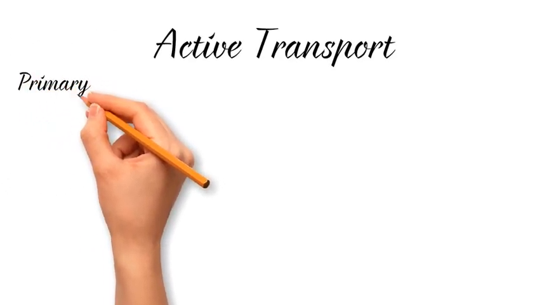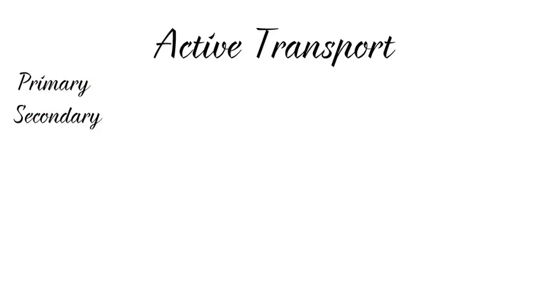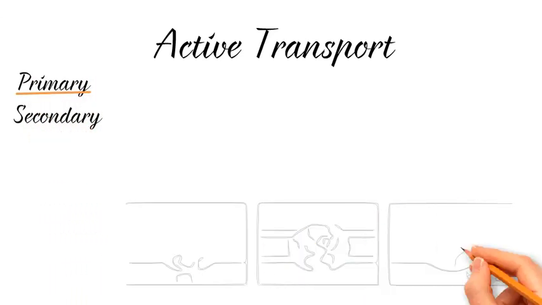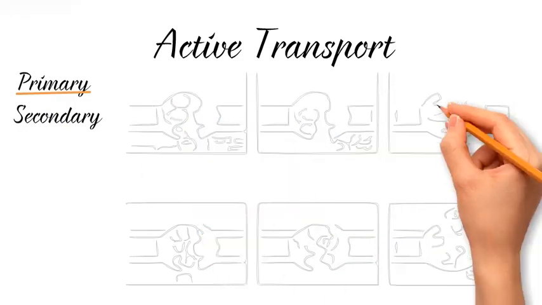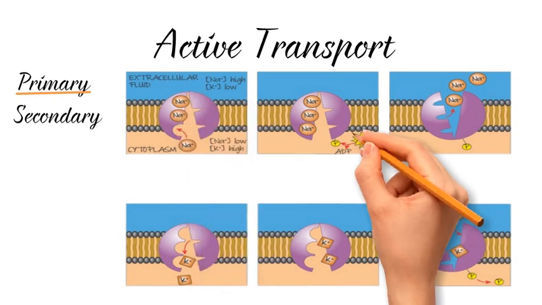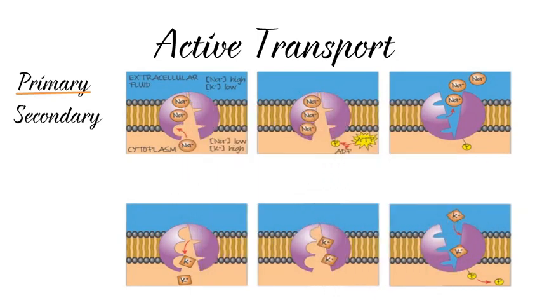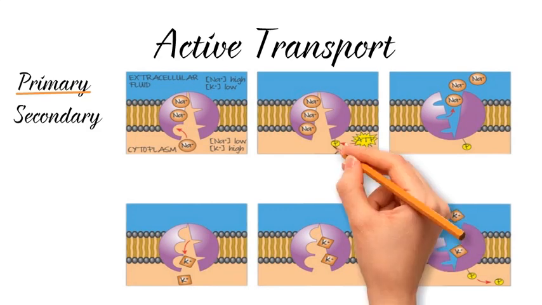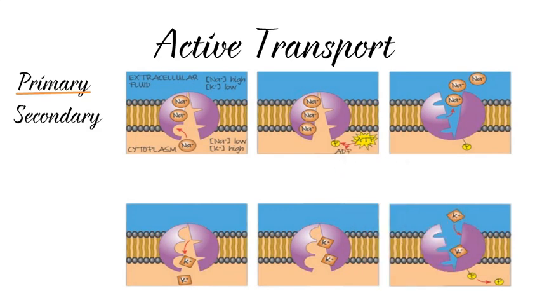Active transport includes two forms, primary active transport and secondary active transport. Primary active transport utilizes cellular protein pumps known as ion pumps to move ions across the membrane against their concentration gradient. For example, when three sodium ions and ATP bind to a sodium-potassium ATPase pump, ATP breaks down into ADP and phosphorus, releasing energy that causes the pump to change shape and release the sodium ions into the interstitial fluid.